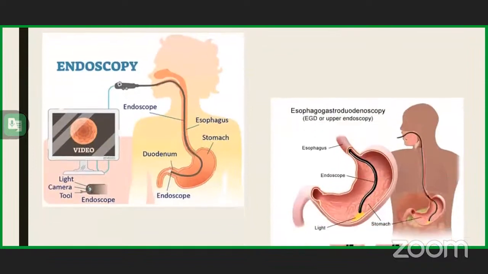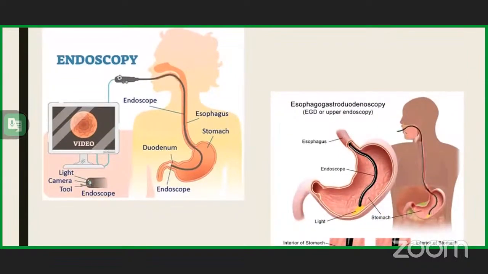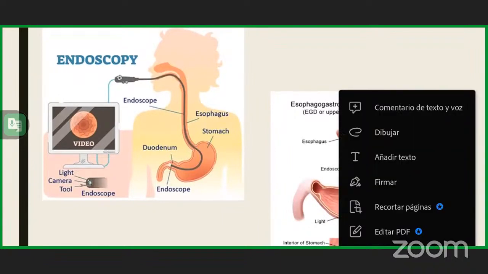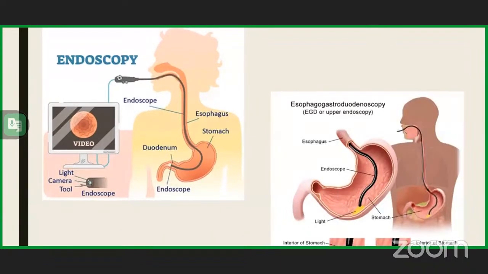In this slide, we can check how it works, how it gets into the stomach, and how we realize the picture, how it's being taken. All the process, all the procedure, how it is going on, we can check how the esophagus is, what it's looking like, how the stomach is.